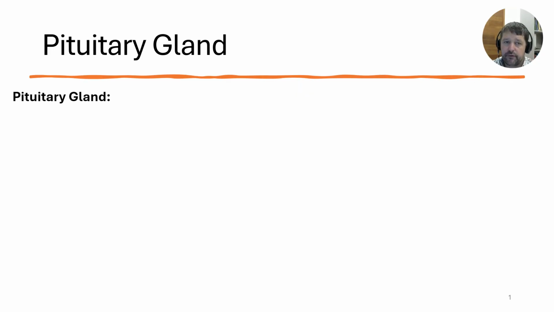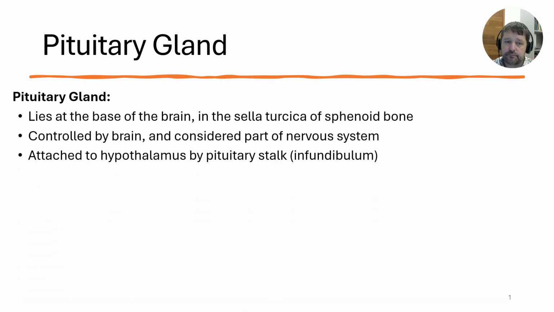Factors might be associated with that hormone. The pituitary gland is really one of those major organs or regions of the body that produce hormones or are associated with hormones. It lies right at the base of the brain, in a specialized indentation called the sella turcica in the sphenoid bone.